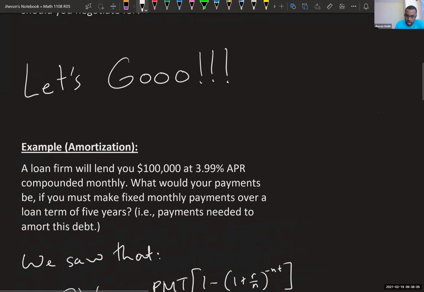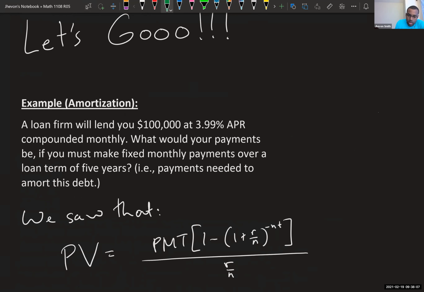n) to the minus nt. So here, we actually know the present value. This is what I'm getting in the present. Someone's handing me this much money right now. And so I want to know what my payments would be. It says here, what would your payments be? Which means the PMT is what you don't know. So I'm going to use this formula to try to figure out the PMT.